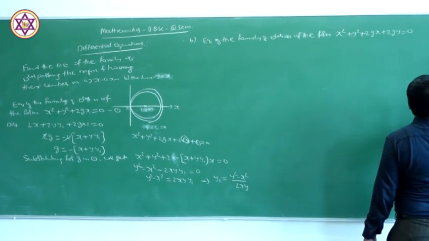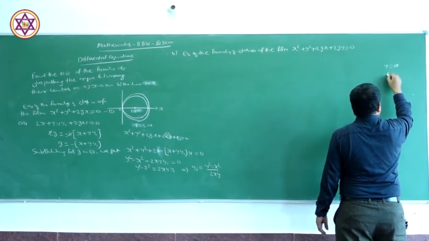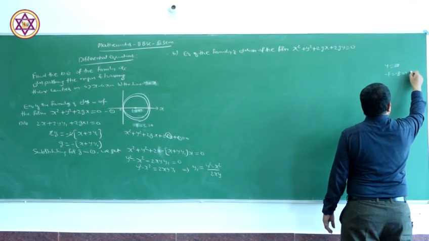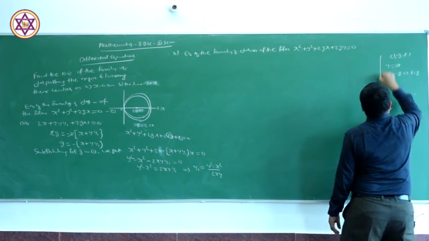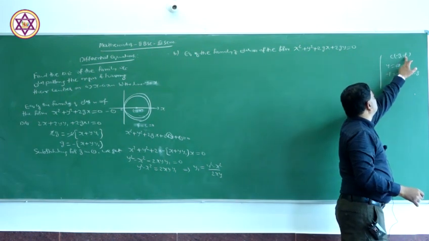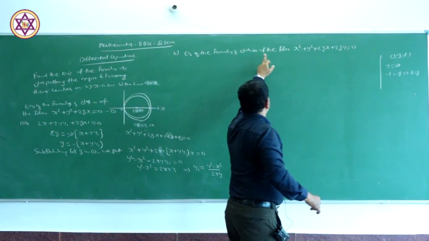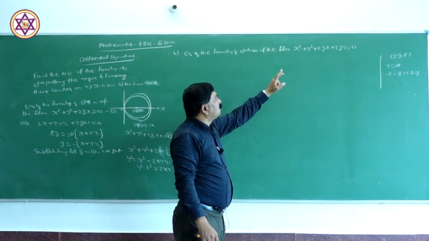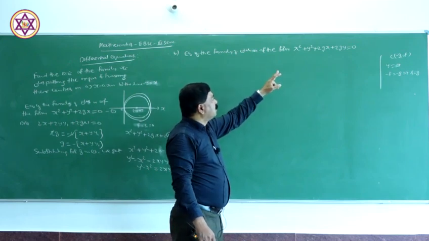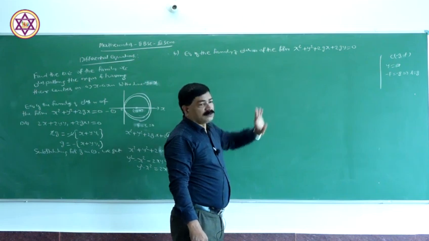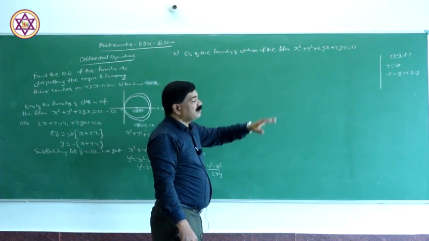Because here y is equal to x means the center coordinate minus g comma minus f: minus f is equal to minus g, so f is equal to g. Put y is equal to minus f, x is equal to minus g, f is equal to g. Therefore, the equation of the family of circles is of the form x square plus y square plus 2gx plus 2gy is equal to 0. Otherwise, x square plus y square plus 2fx plus 2fy is equal to 0. Both are the same. We can take it in terms of g or in terms of f.